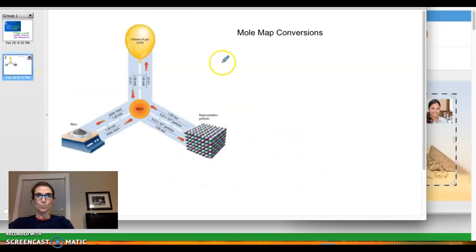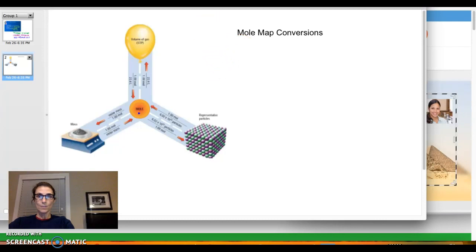So again, we're going to go back to our mole map, and this time we're going to be working in this lower right hand corner where we're going from moles to representative particles. Remember, 1 mole is equal to 6.02 times 10 to the 23rd particles of any substance.